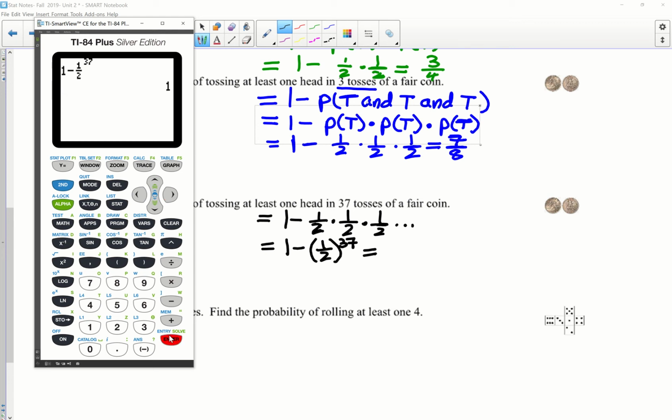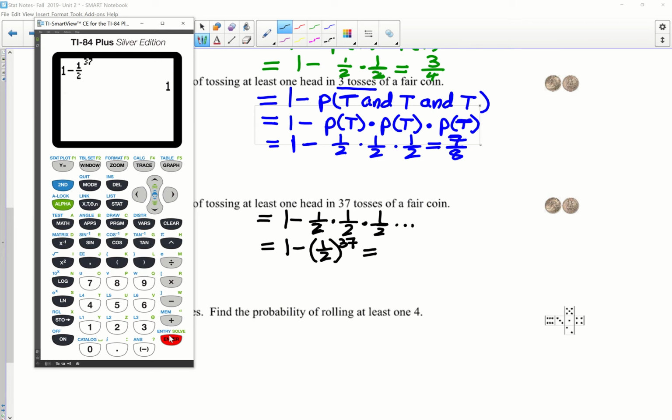All right, so it says 1, but it's not really 1, right? Because there are still ways in which you can get all tails. I mean, you flip a coin 37 times, you're not going to get every single outcome to be tails very often. If every one of us did that, flipped a coin 37 times, I would be shocked if anybody got tails every single time.